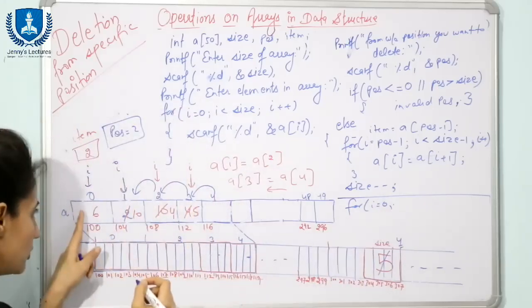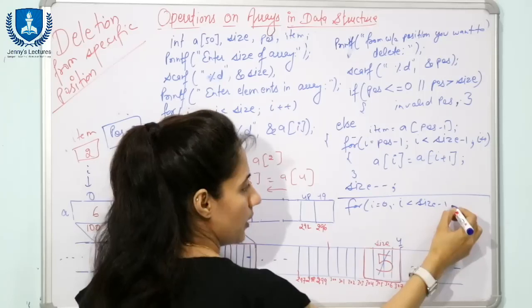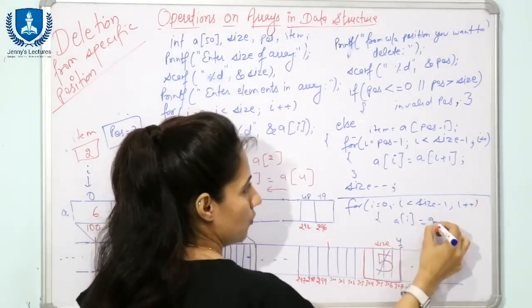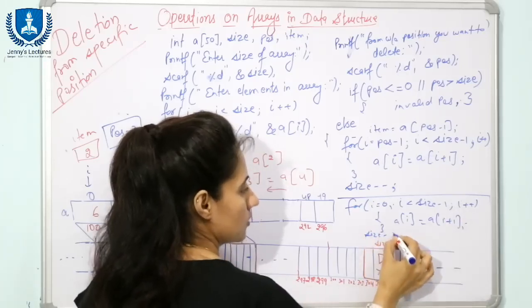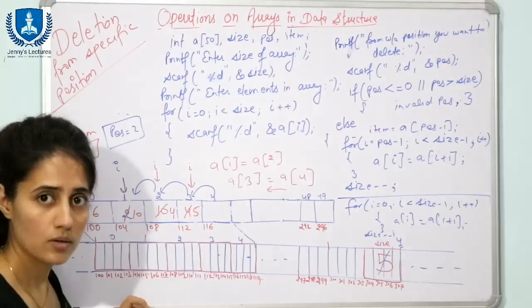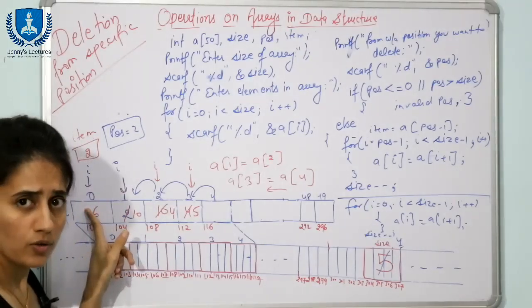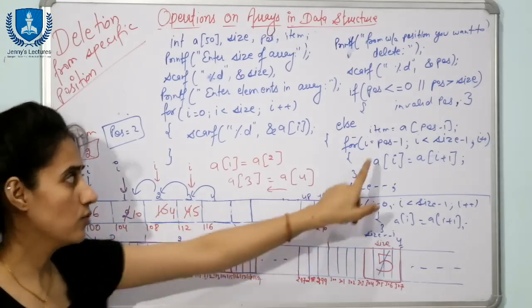I would start from 0 only, and I should go less than size minus 1, and I plus plus, and simply write a of I equals a of I plus 1, and after that size minus minus, fine, because we know the fixed position: you are going to delete the data from the 0th index. So start from 0 only.